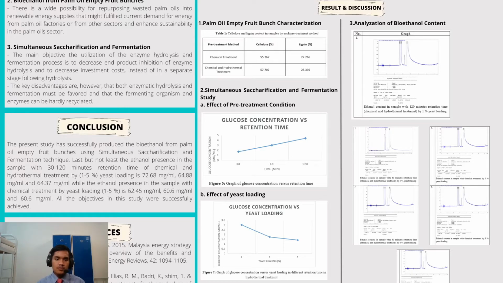mL. In this study, bioethanol was successfully produced from palm oil empty fruit bunch as a raw material using the SSF method. Therefore, the amount of ethanol present in the sample with 120 minutes retention time of chemical and hydrothermal treatment by 1% yeast loading is 72.68 mg per mL.